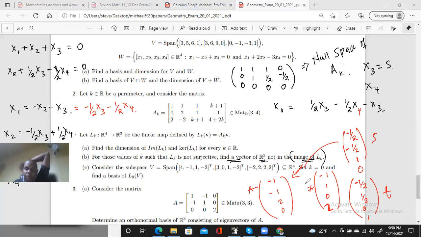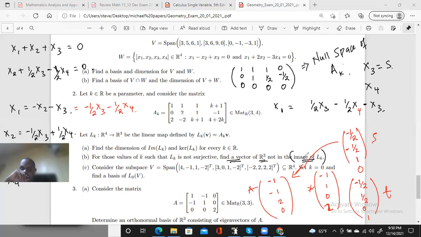But that shows us that the kernel exists. So using k = -1, we know that the kernel exists, therefore it is not in the image, therefore it is not surjective.